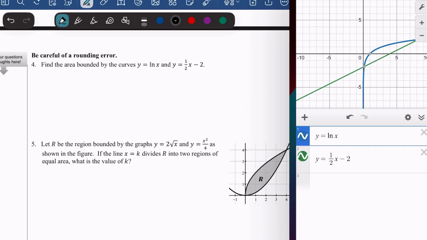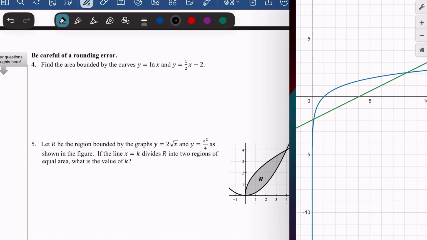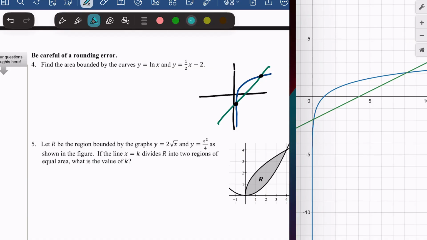Let me bring that down so I can reposition this here. Okay, I can go ahead and draw that rough sketch on my notes. Okay, so I'm looking at the area between the two functions here.